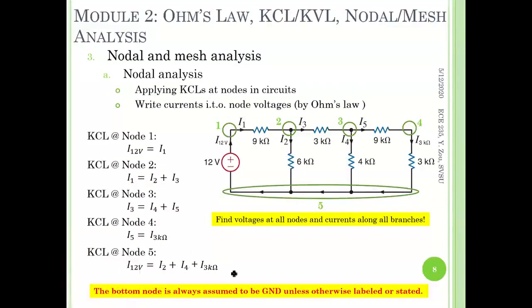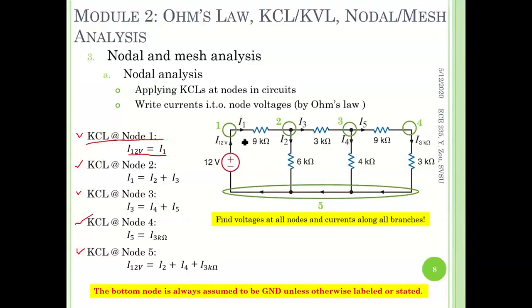All right, let's take a look at these 5 equations. The first equation here is basically telling you the current through 12 volts is equal to the current through 9 kilo ohm. It is something very easy to know if we observe the circuit, that the 9 kilo ohm is series connected with the 12 volts voltage source.